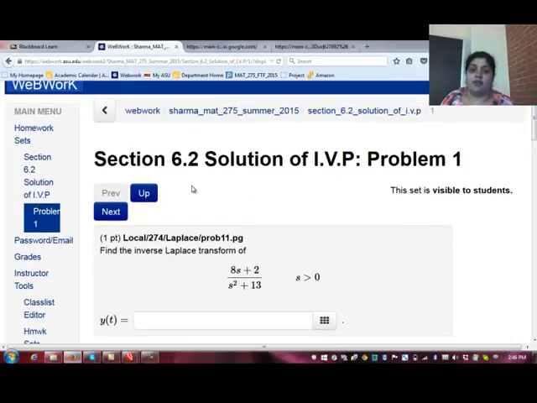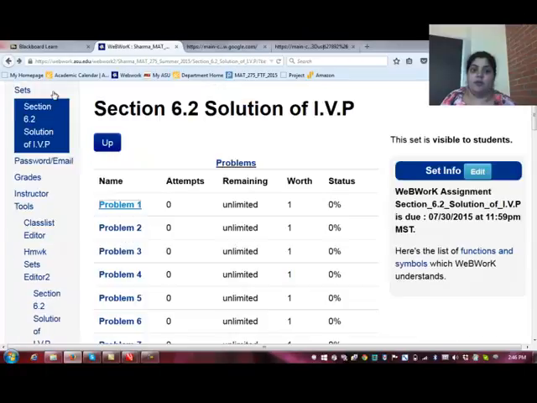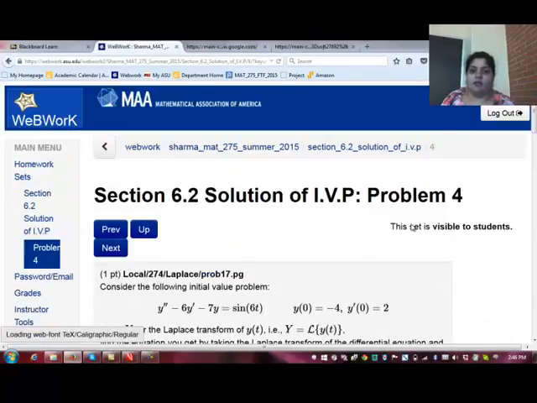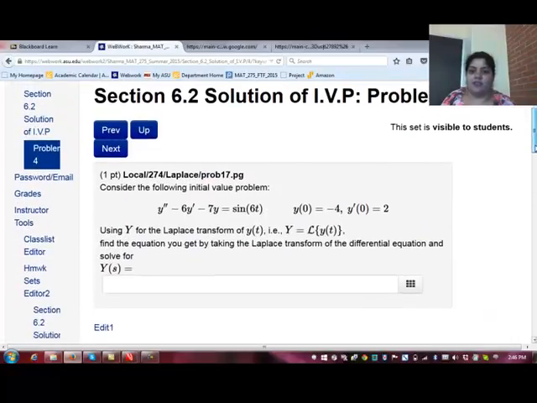Well, these are asking for the inverse. I don't want to go to the inverse right now. The inverse will take some time. Let me go to some problem which is not asking for the inverse but asking you to compute. So for example, this one.